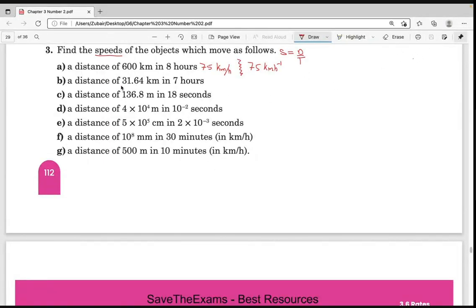A distance of 31.64 kilometers in 7 hours. 31.64 divided by 7 is giving me 4.52 kilometer per hour.